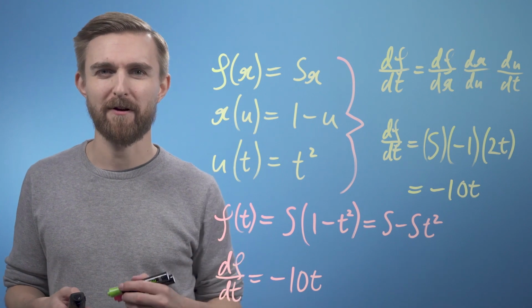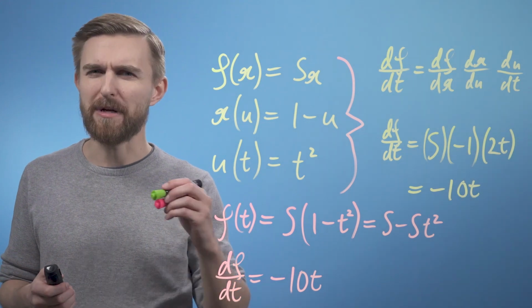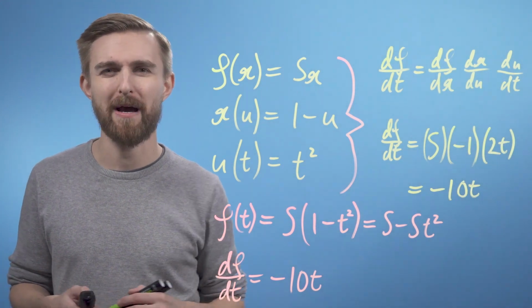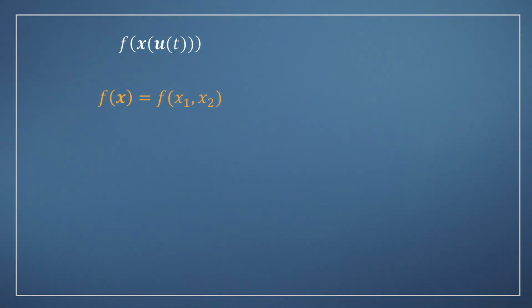But what about the multivariate case? Well, the chain rule does work here too, but we do just have to pay attention to a few extra details. Let's start by considering the function f of x of u of t again, where the function f takes the vector x as an input, but this time x is a vector-valued function, which also takes a vector u as its input.